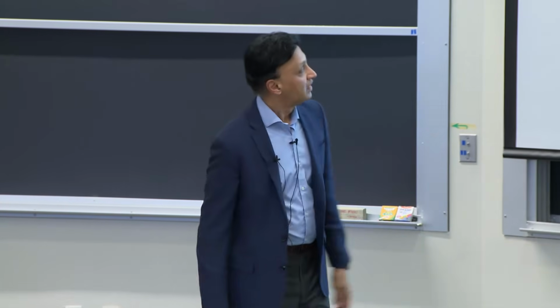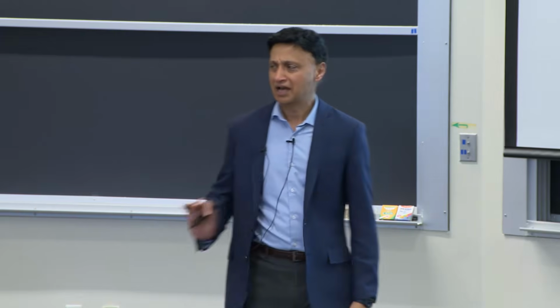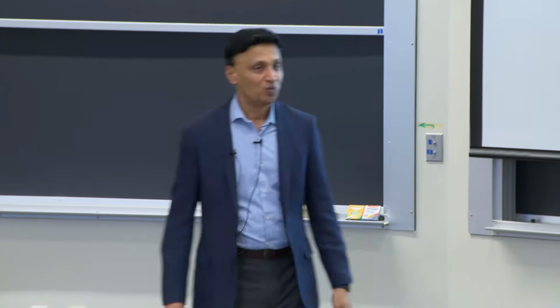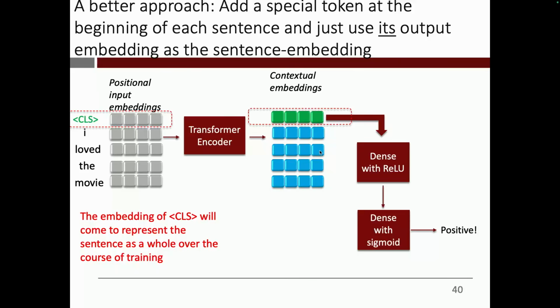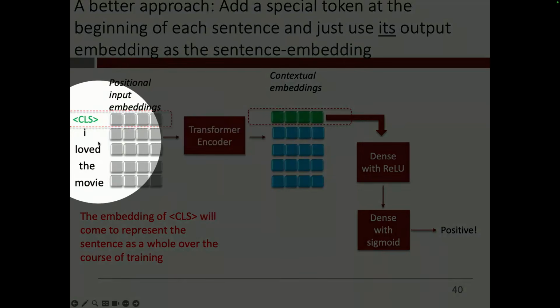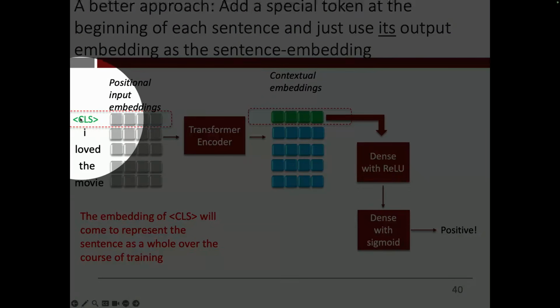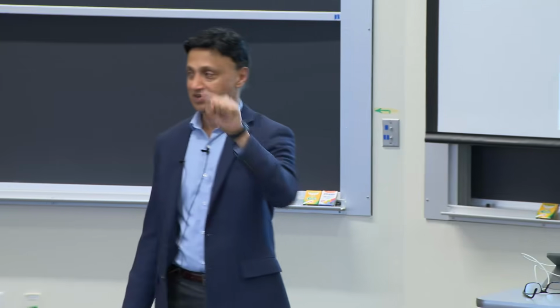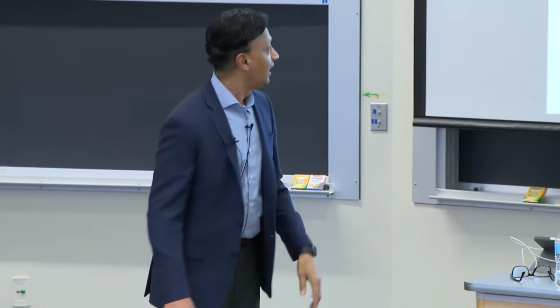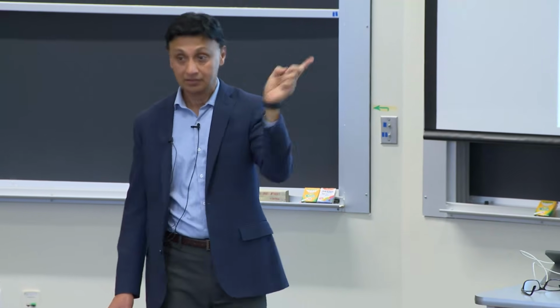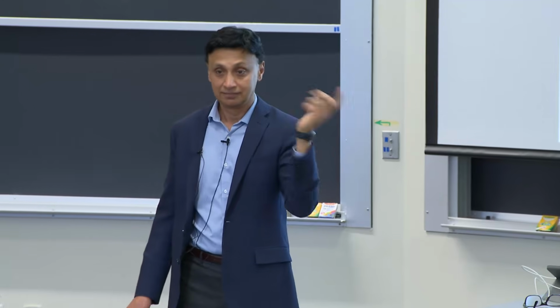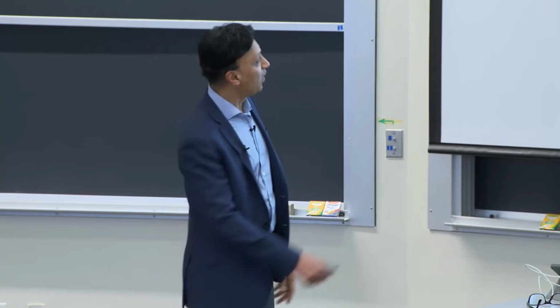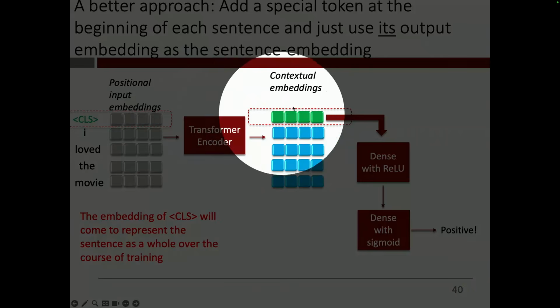So there's a much better and more elegant way to do this, which is that for every sentence, when you train it, you add an artificial token called the class token. Literally, it's an artificial token, and it's designated as CLS in the literature. And then this token is getting trained with everything else. Once you finish training, that token has its own embedding too.